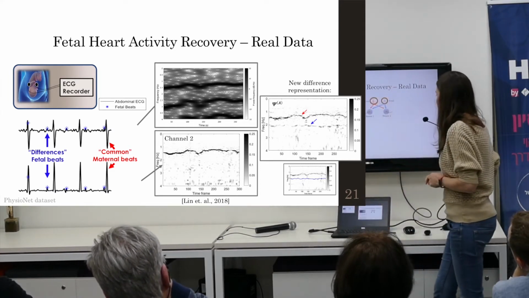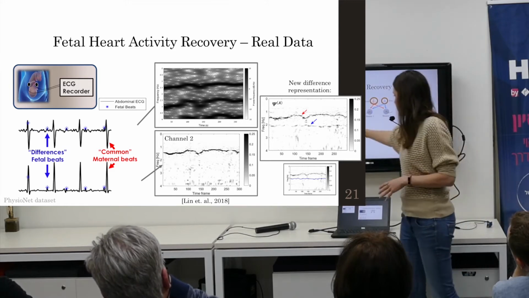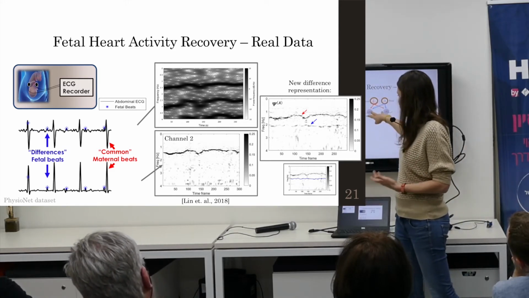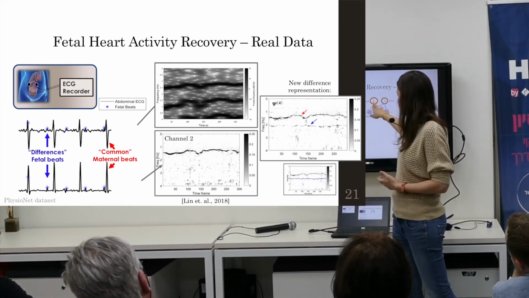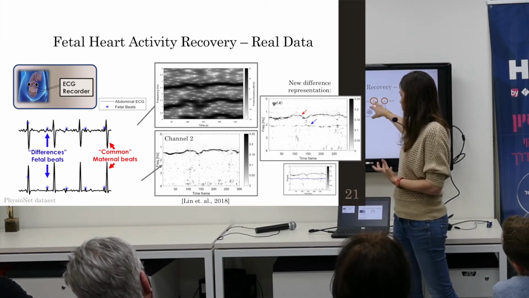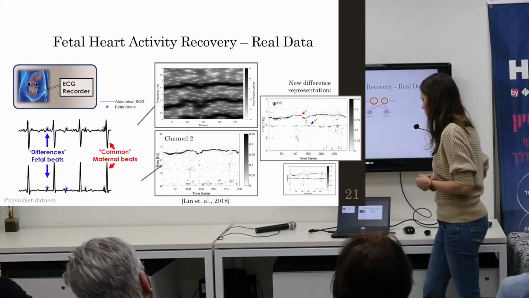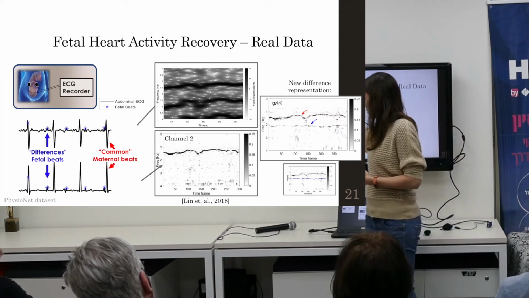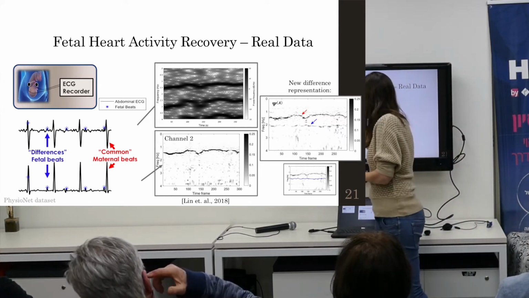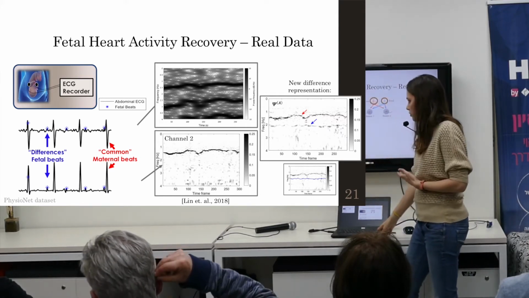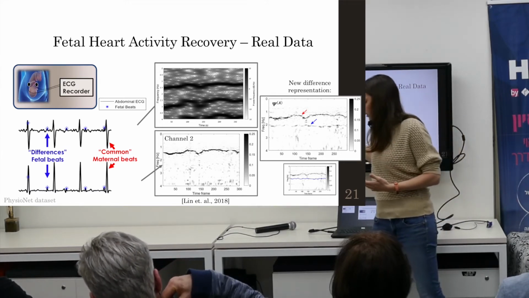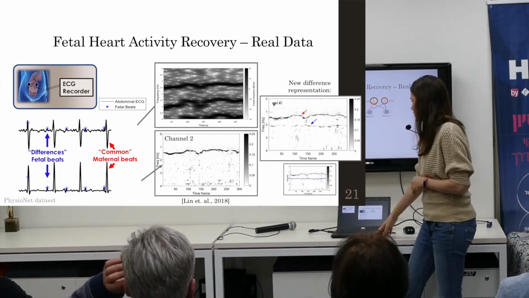I remind you again that our setting is that we have two sensors, and we assume that we see a similar view of the maternal and a different view of the fetal. And these are the two signals. Again, it's hard to identify exactly what the fetal beats are, and now they are colored by a blue asterisk.